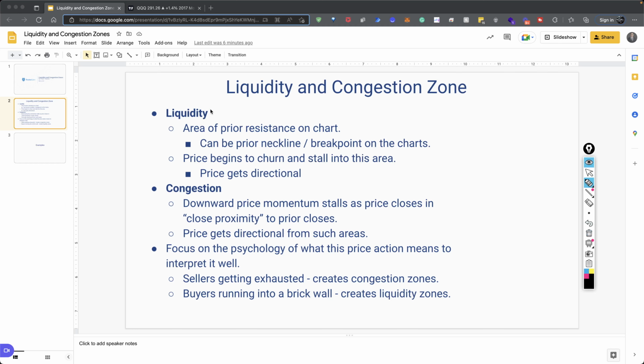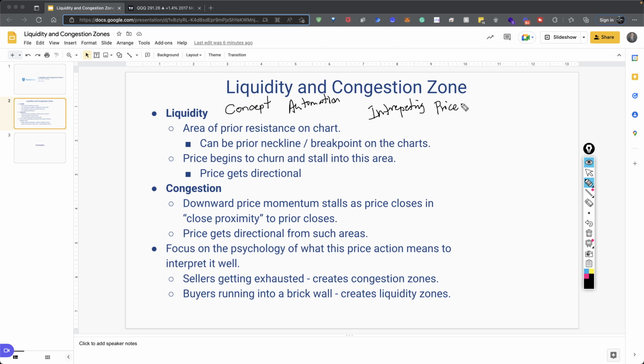I really want you guys to focus on the concept. Don't focus too much on how do I make this, how do I set alerts in these areas, or how do I make this automated. This is a concept based on interpreting price, which is most important.